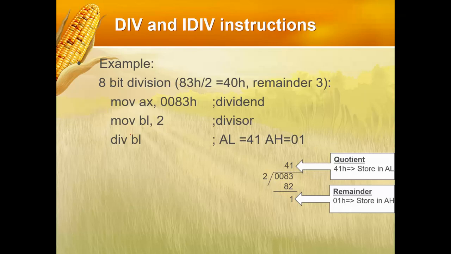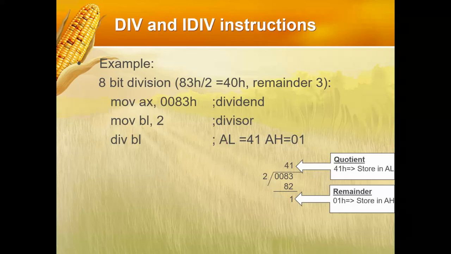So when you have an 8-bit division, 83H divided by 2, you will get the answers. Normally we can get the remainder and quotient easily by dividing manually instead of using a calculator.